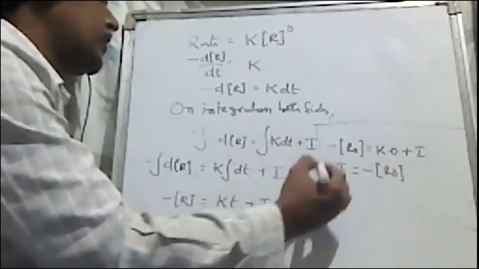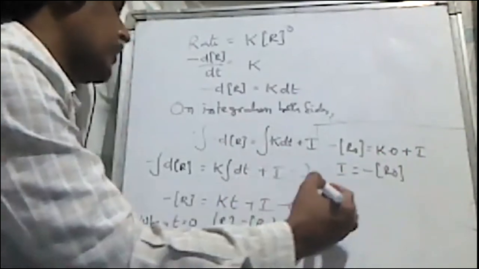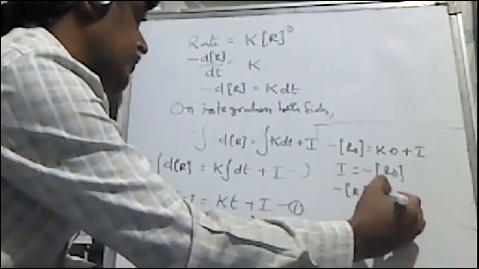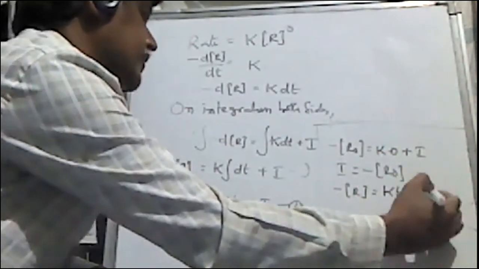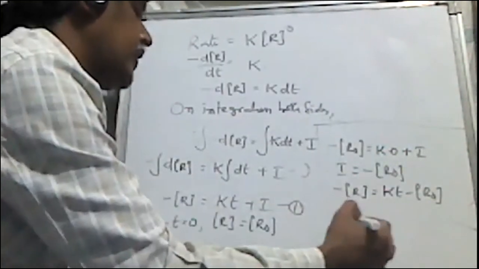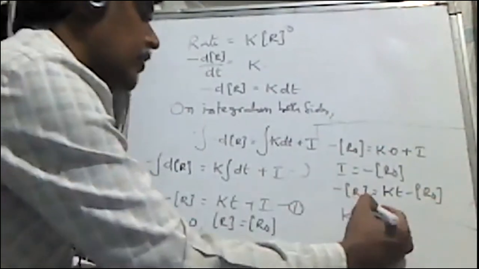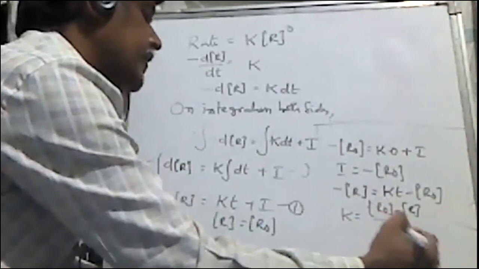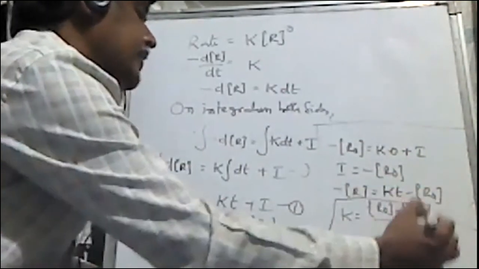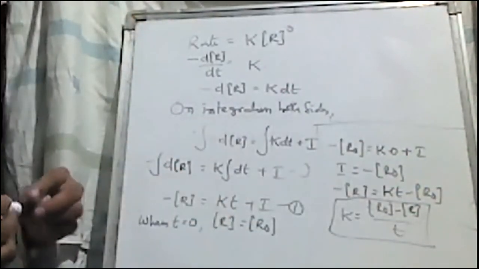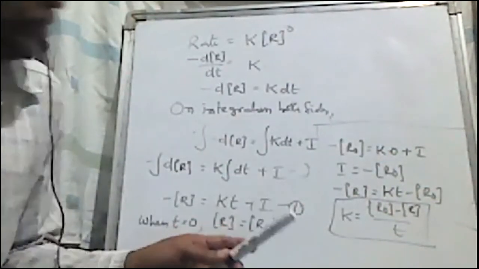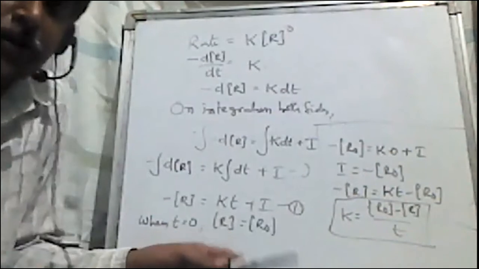Substitute this I value in equation 1. Minus R is equal to kt minus R naught. Now k is equal to R naught minus R by t. Now this is the expression for the rate constant of a zero order reaction.